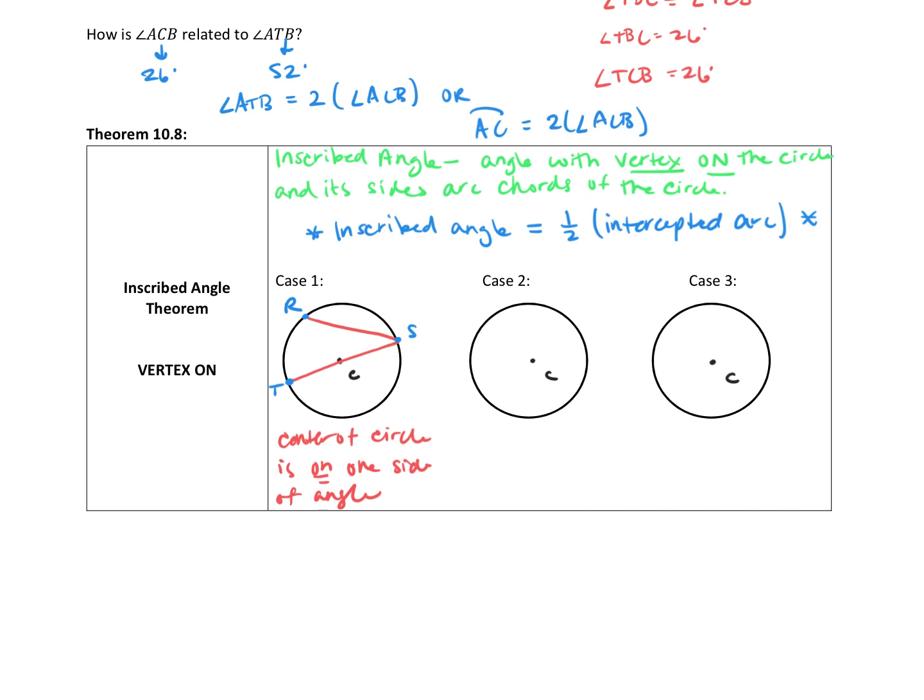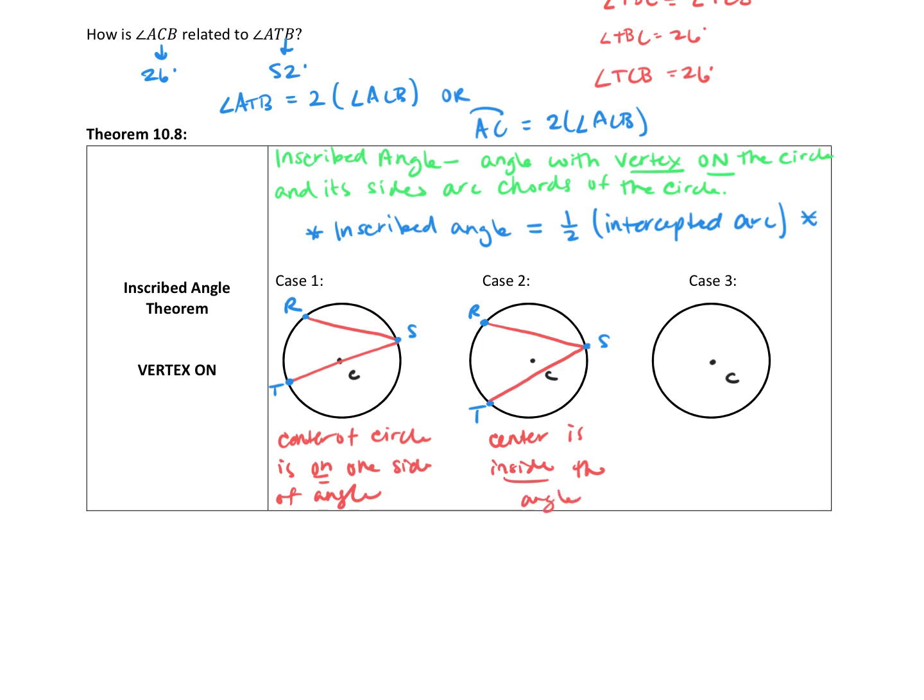Another way that this could look is, what if we draw our angle like this, where this is R, S, and T. In this example, the center of the circle is inside the angle.